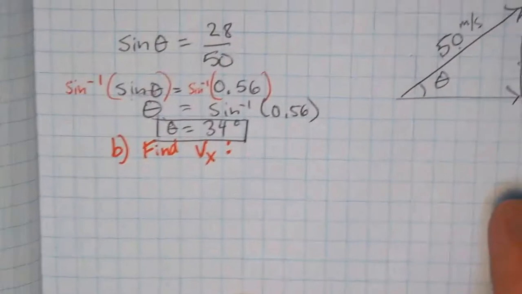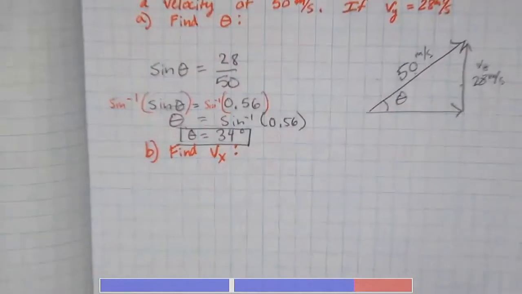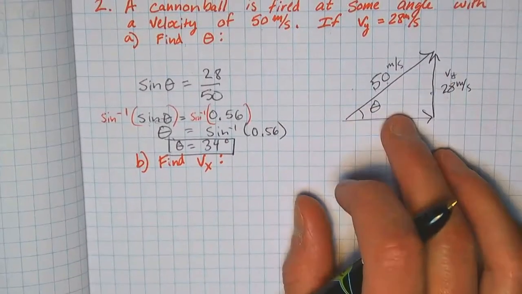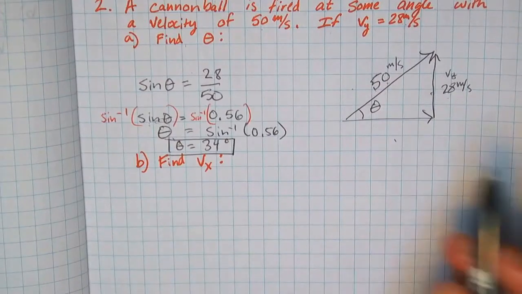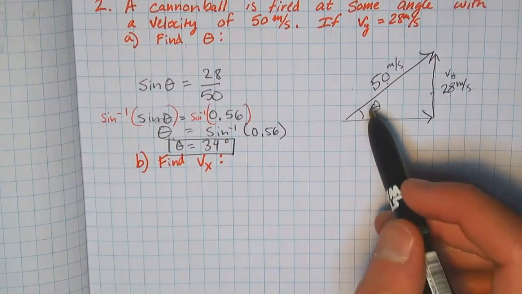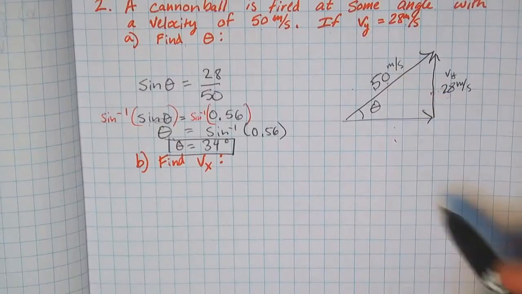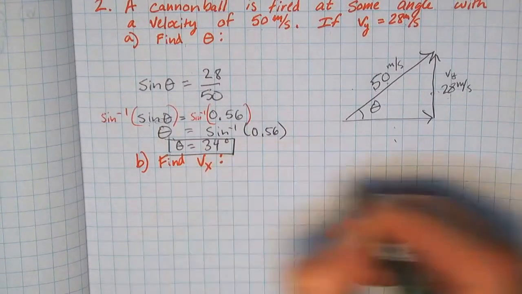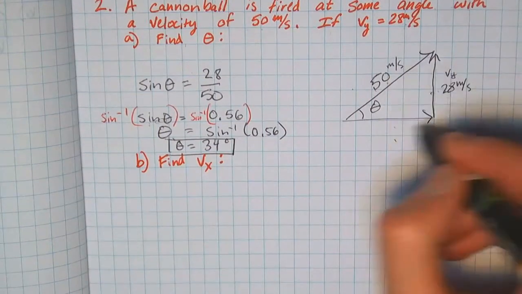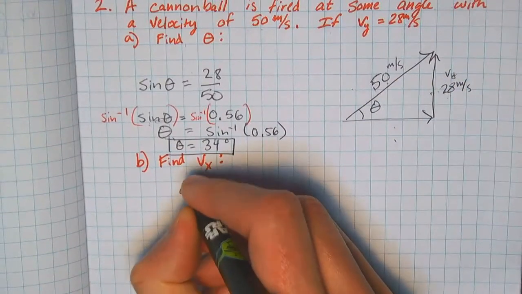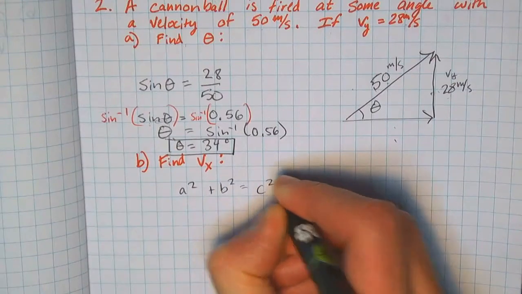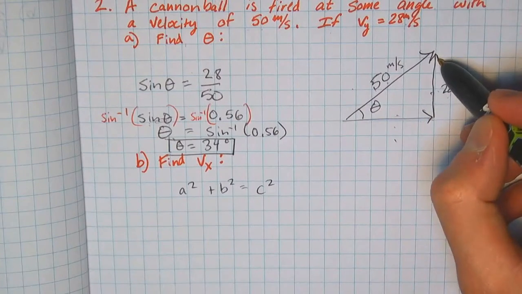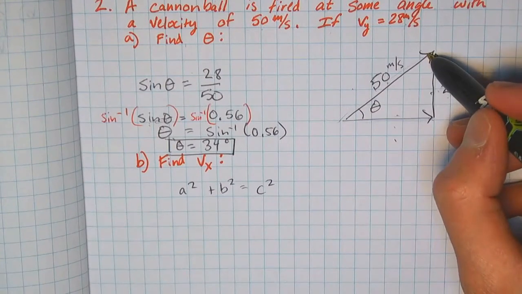Okay, last one here. Find the x. There's a couple different ways you could do this. You can use tangent, you could use cosine, you could use the Pythagorean theorem. Let's do the Pythagorean theorem just for fun. Pythagorean theorem is a squared plus b squared equals c squared, where a would be one of the sides of your triangle, b would be the other side, and c would be the last side.